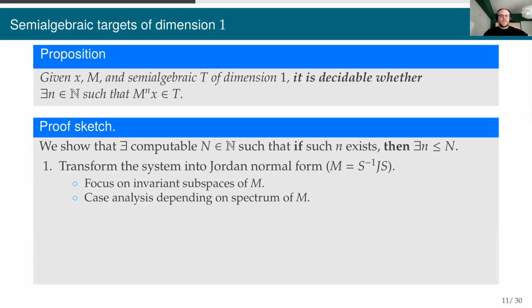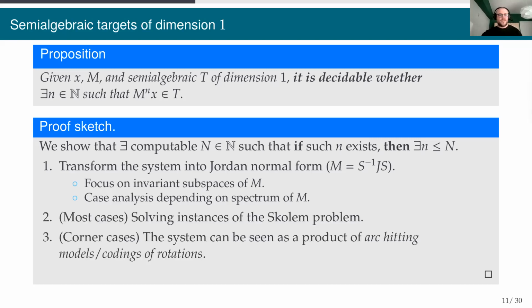Well, first of all, we transform the system into Jordan normal form. I mean, this is classical first or second course in linear algebra. And this allows us to focus on invariant subspaces of our matrix. And we get a fairly decent case analysis depending on the spectrum of the matrix.